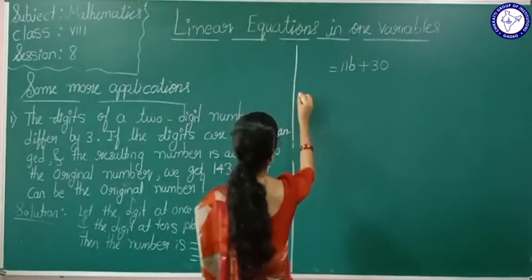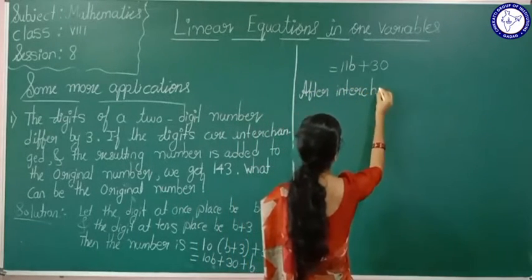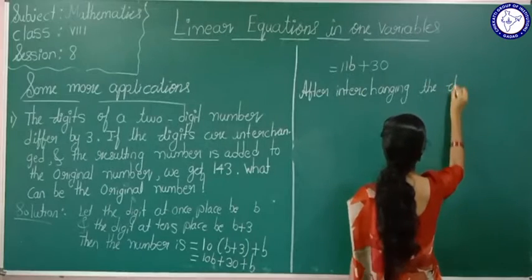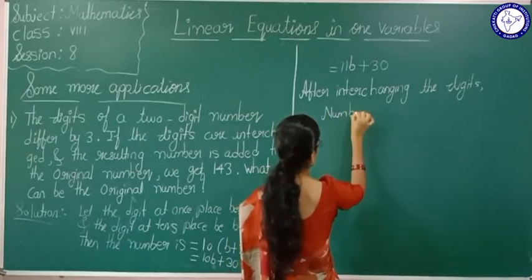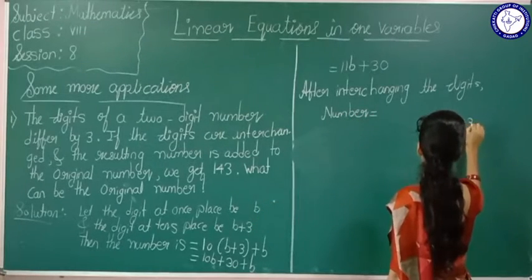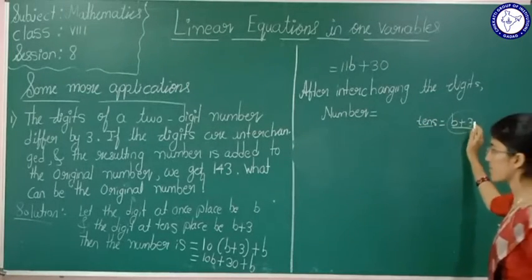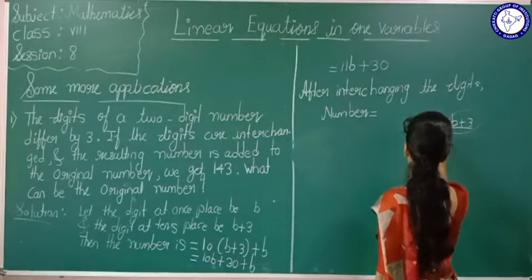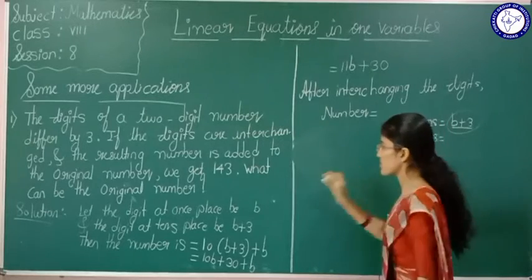So after interchanging the digits, at tens place you took b plus 3 and at ones place you took b.